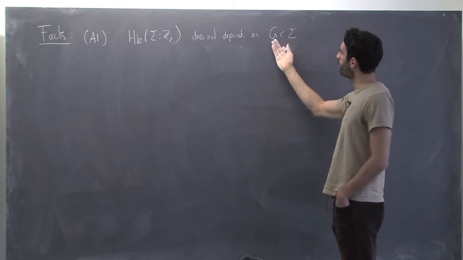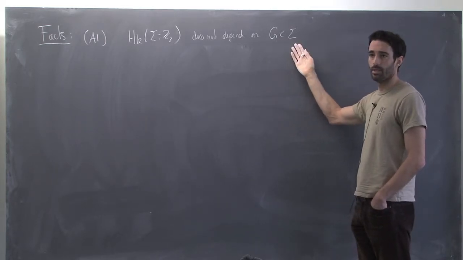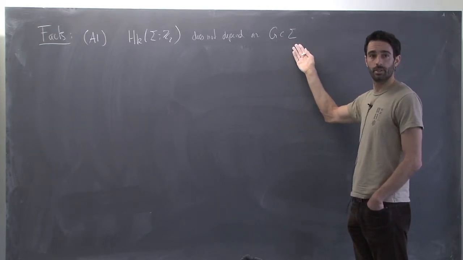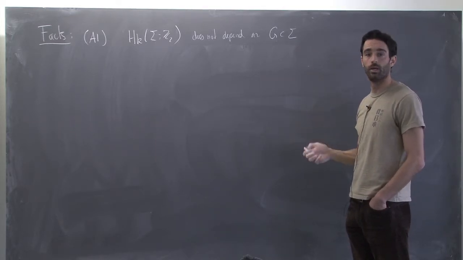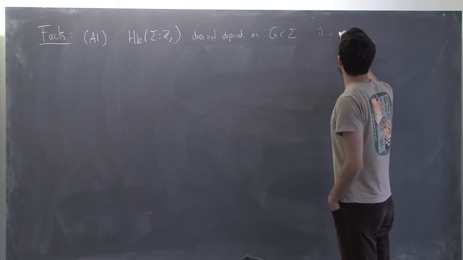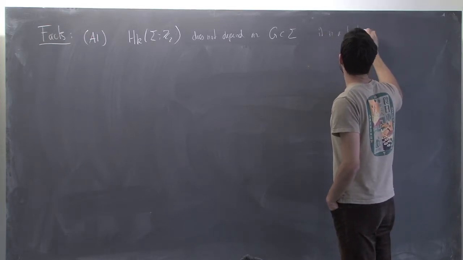Technically, we speak of G in sigma as a cellular decomposition of the surface. It does not depend on the way you have approximated your surface in a combinatorial way. So it is a topological invariant.